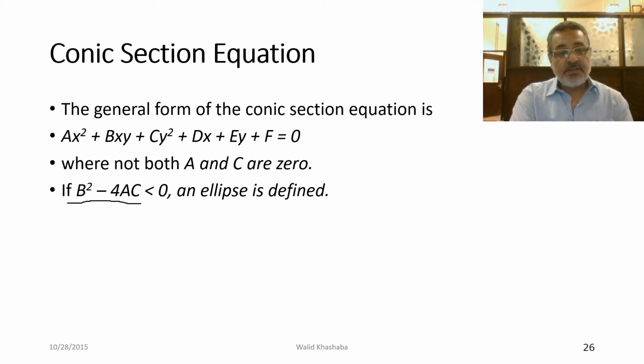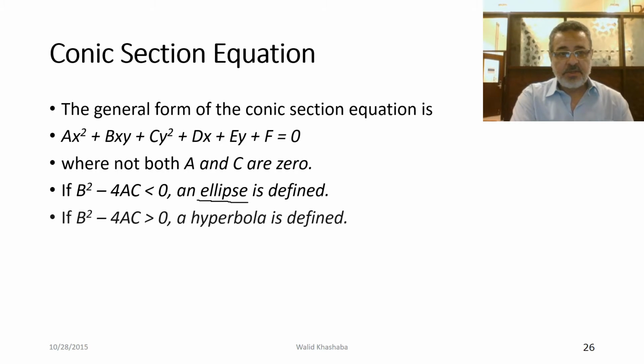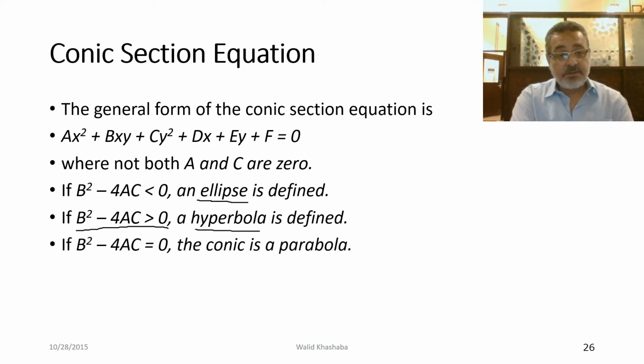If this discriminant is less than 0, then we are dealing with an ellipse. If it is greater than 0, then it's a hyperbola. If it is equal to 0, then we are dealing with a parabola.